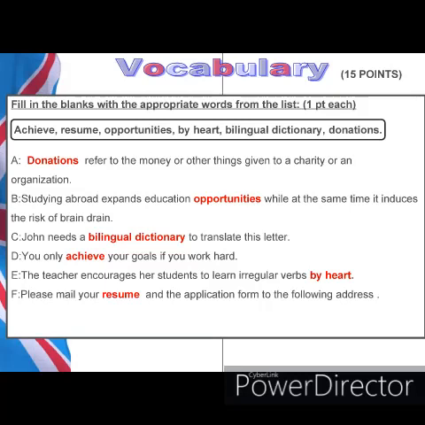But I don't know. Okay, this is a very important sentence, guys. Okay, last one. Please mail me or mail your resume and the application form to the following address. Okay, so resume here, it means basically your CV.